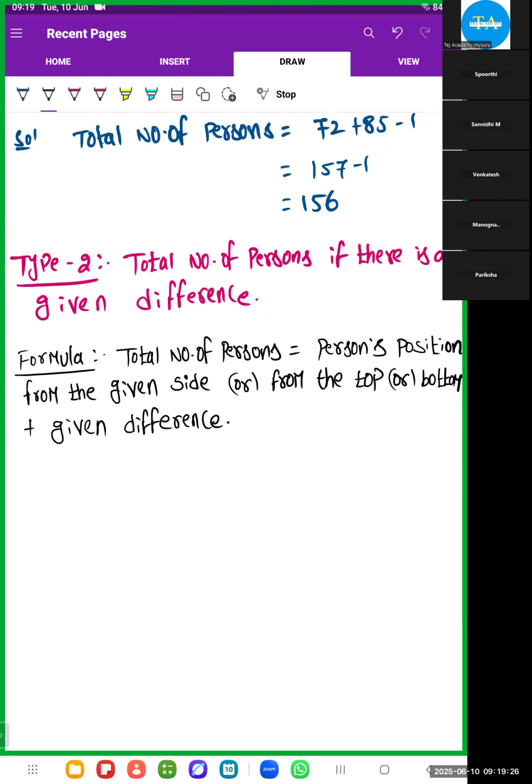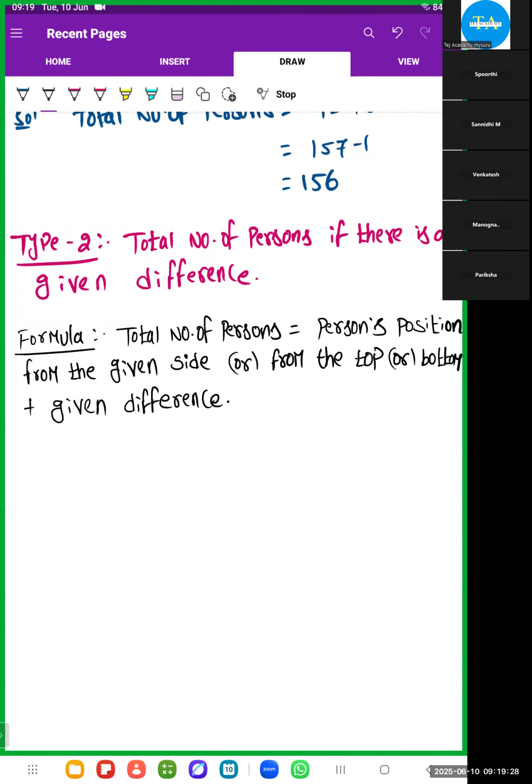Okay, this is the formula. Total number of persons if there is a given difference. The formula is total number of persons is equal to person position from the given side, or from top or bottom, plus given difference. So let me take one example.